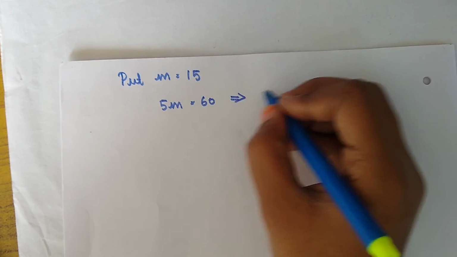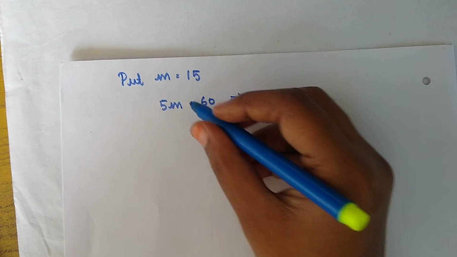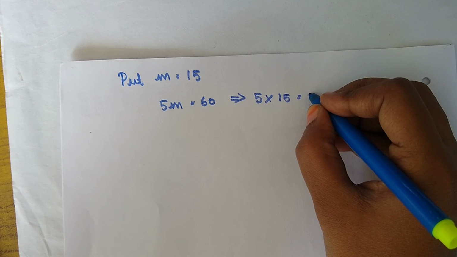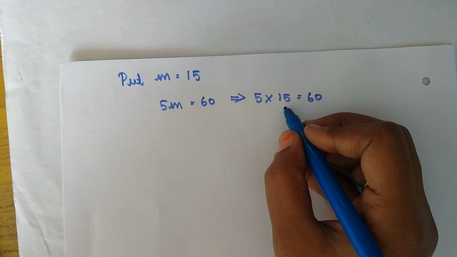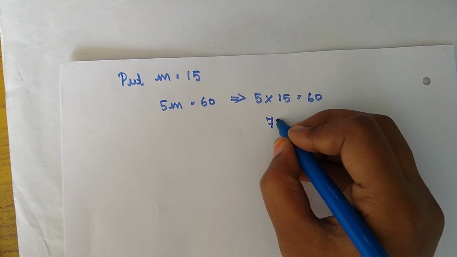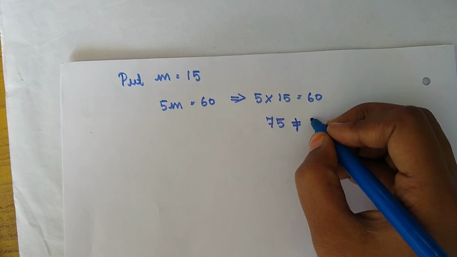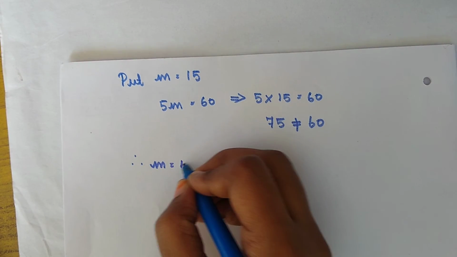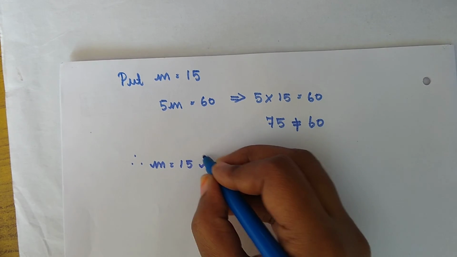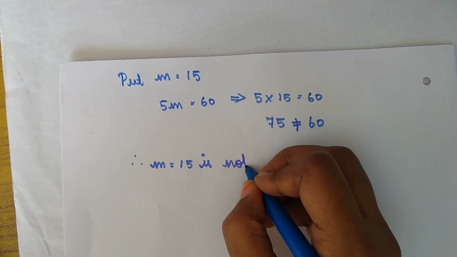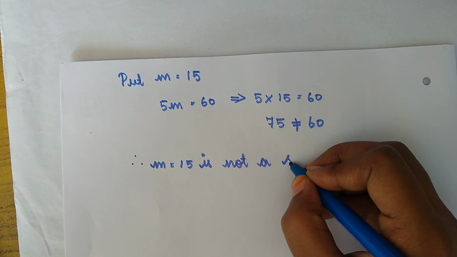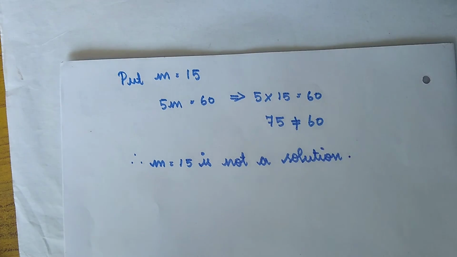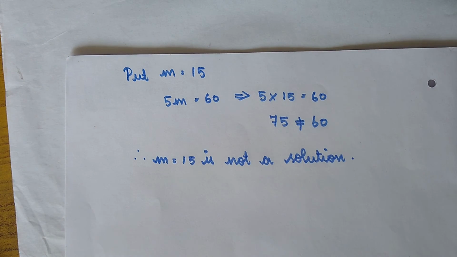Here 5 into m, which is 15, equal to 60. 5 into 15 means we get 75. 75 is not equal to 60. So therefore m equal to 15 is not a solution. This is the answer.